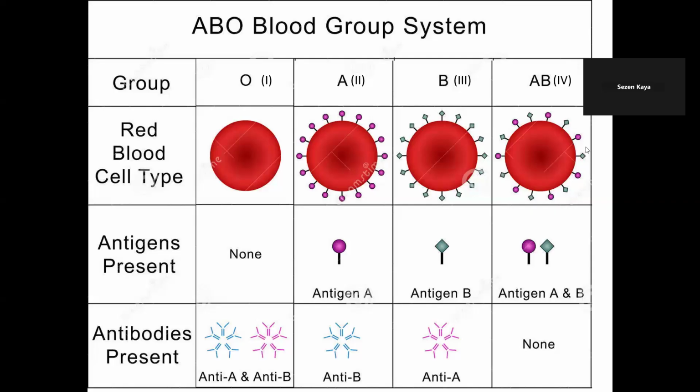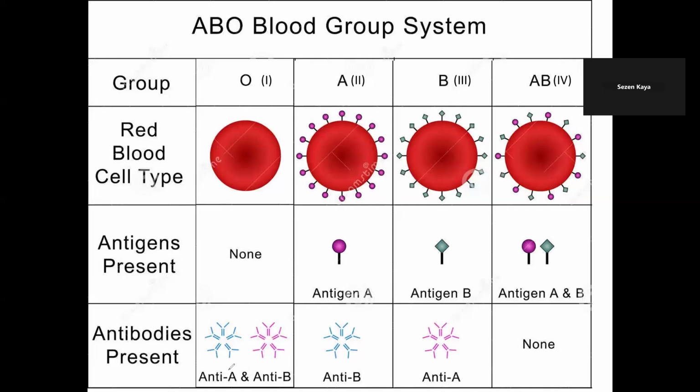What is the connection with the immune system? The problem is the following: inside our blood plasma we have antibodies, immunoglobulins. In the first group, O, inside the blood plasma, we have alpha and beta antibodies.